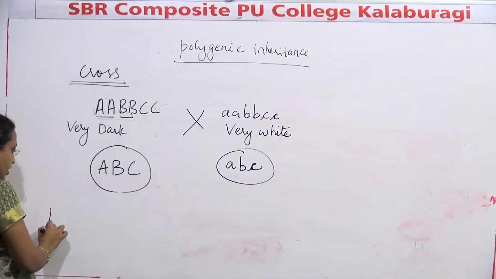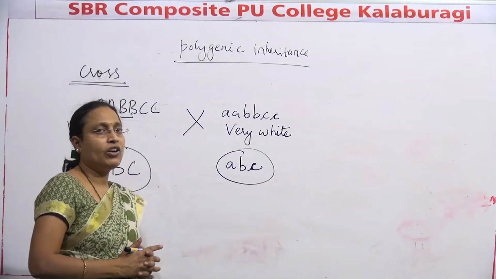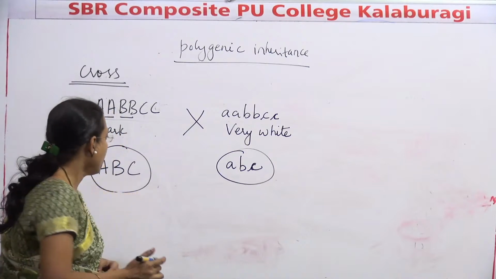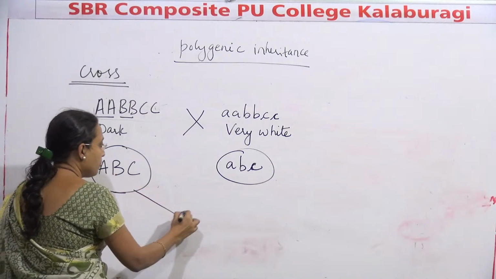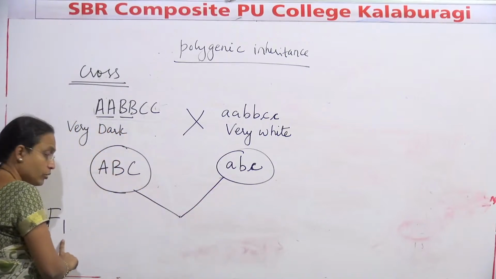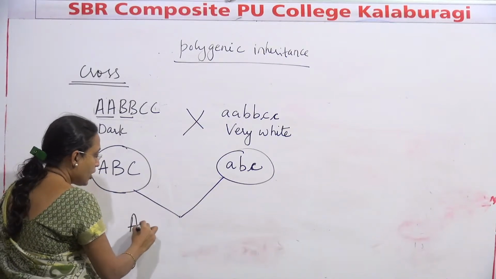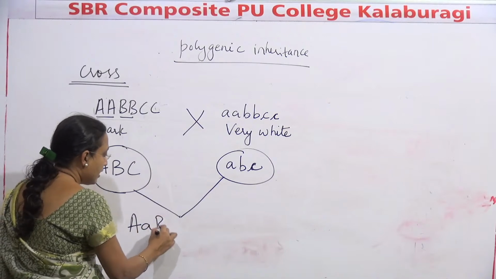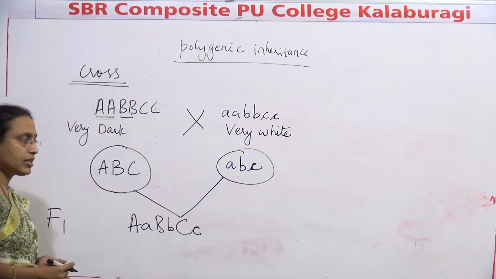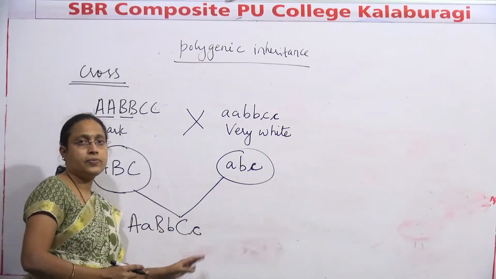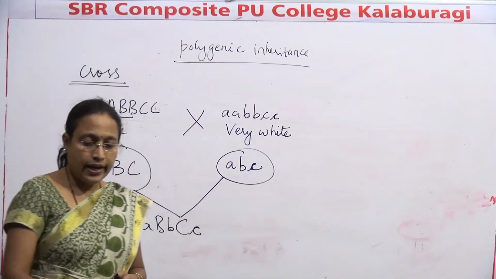In the F1 generation offspring, the intermediate phenotype is obtained. Okay. And the genotype will be the union between the gametes to produce the F1 generation. The genotype of the F1 generation is heterozygous at all the three loci. Understand?